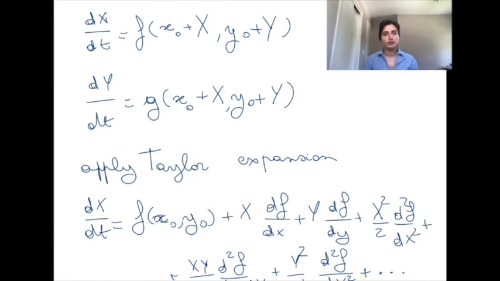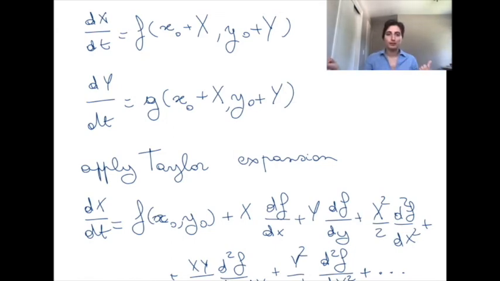So if we study it there, then we know that the derivatives with respect to time of capital X and capital Y will also satisfy the ODE we have written with f and g that can also be Taylor expanded around x naught and y naught. So let's focus on d capital X over dt.